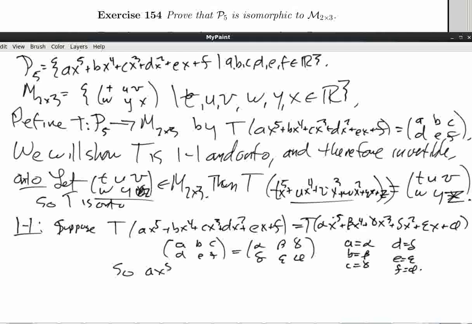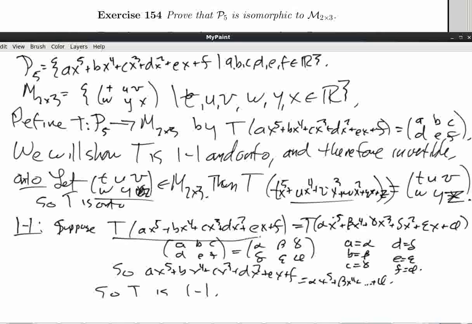So ax^5 + bx^4 + cx^3 + dx^2 + ex + f is equal to alpha x^5 + beta x^4 + gamma x^3 + delta x^2 + epsilon x + phi. So T is one-to-one.